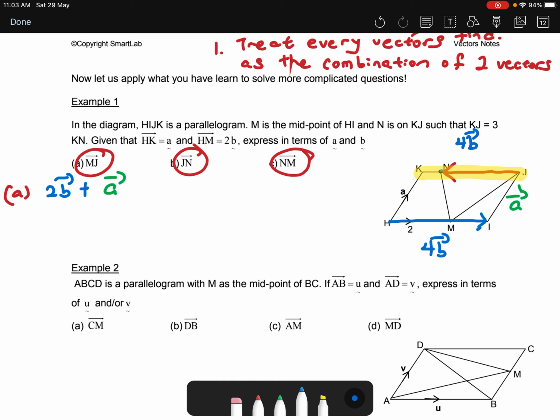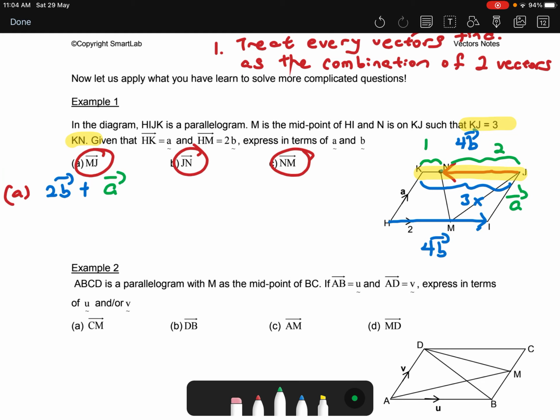But what about NJ? Because just now they gave us the information that KJ is equal to 3 times KN. So this whole thing will be 3 times, and this KN is only 1 time. So NJ will be 2 units.